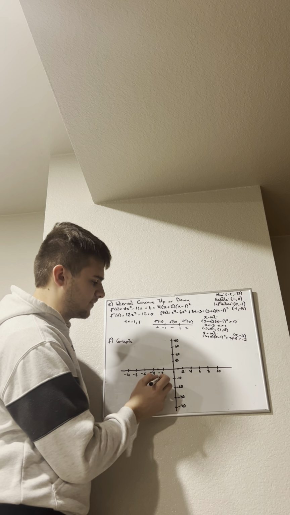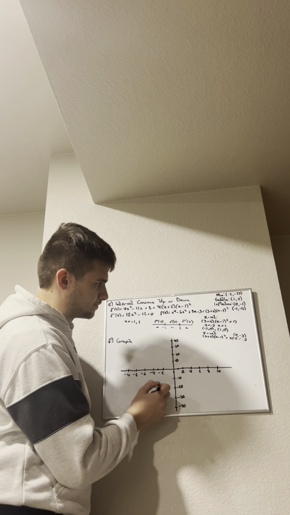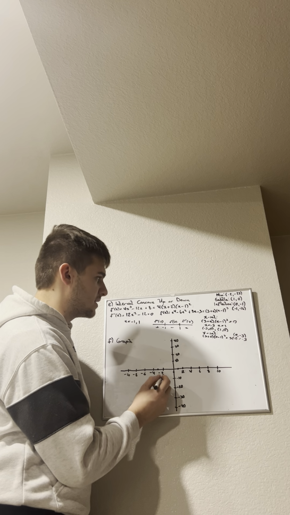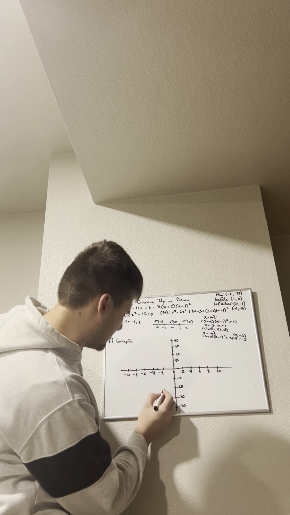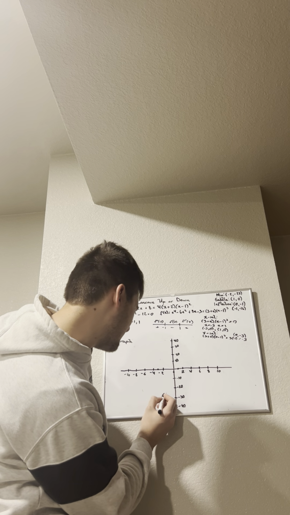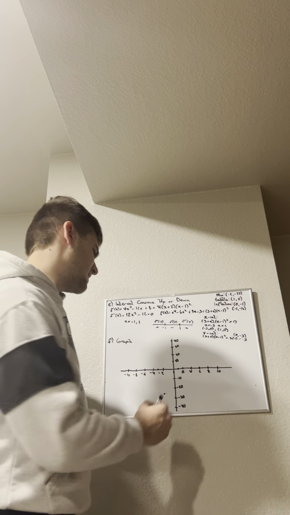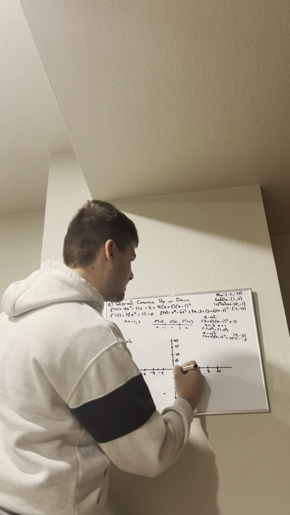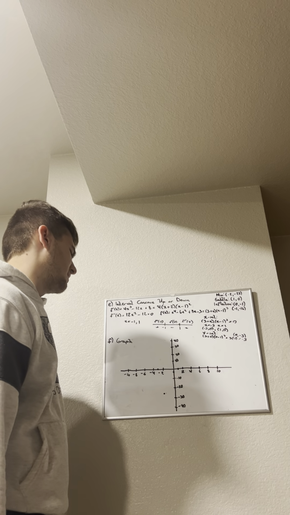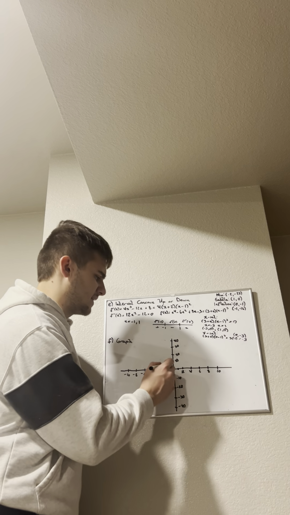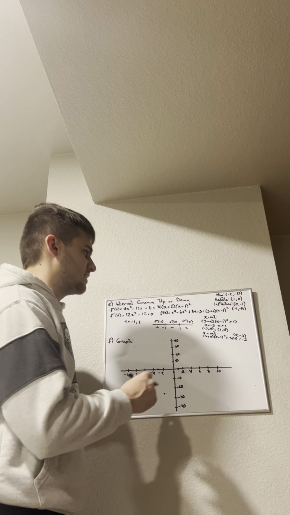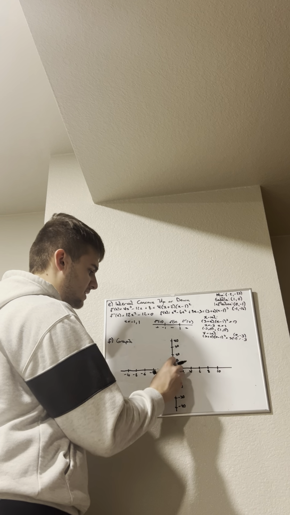And then the minimum will be at (-2, 27), so it'll just be around here-ish. This will be the absolute min, and the saddle will be here at (1, 0), and then we have an inflection point at (0, -1) in this case.